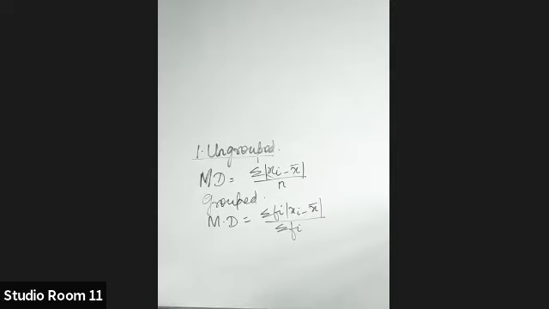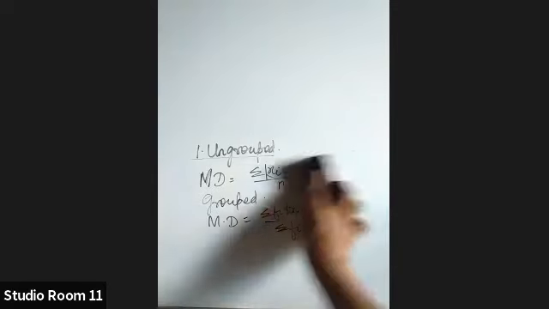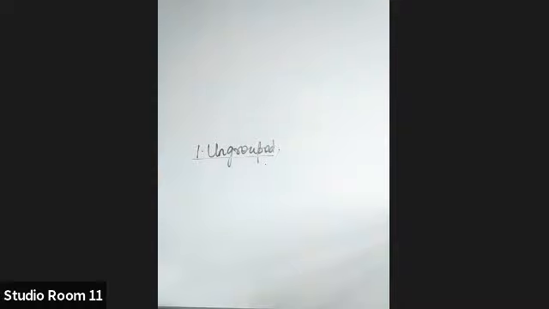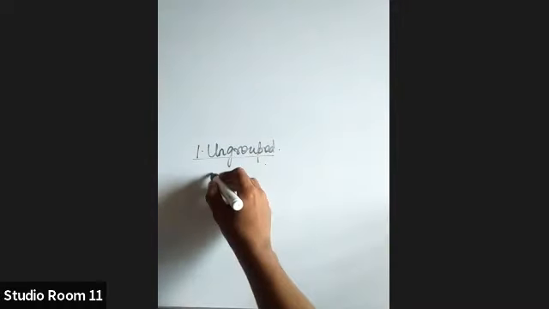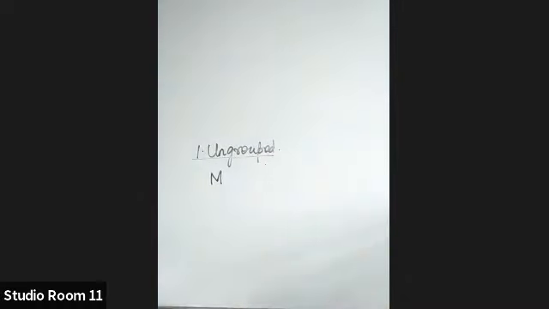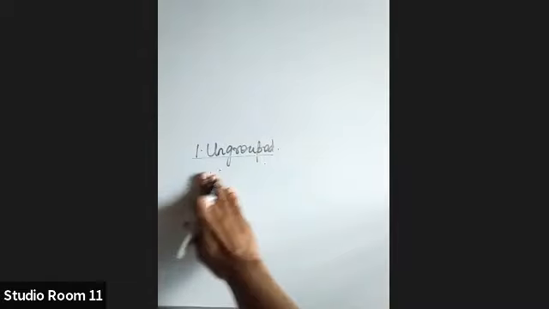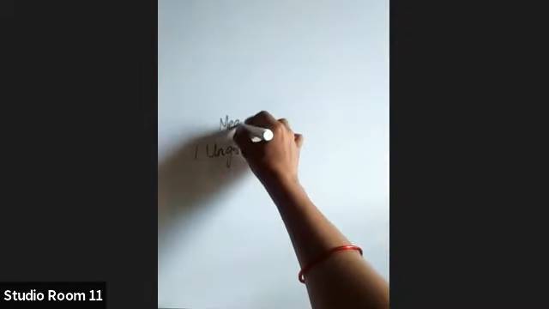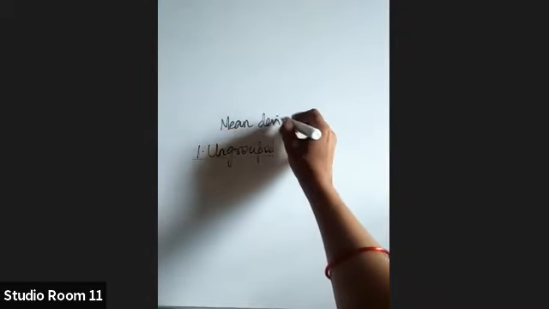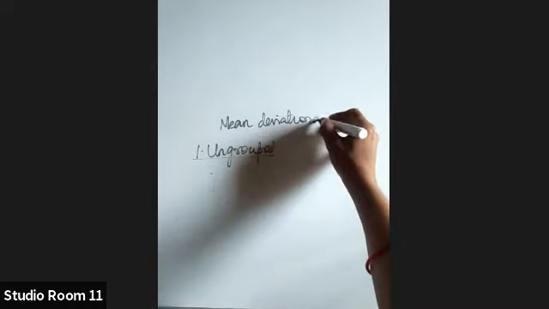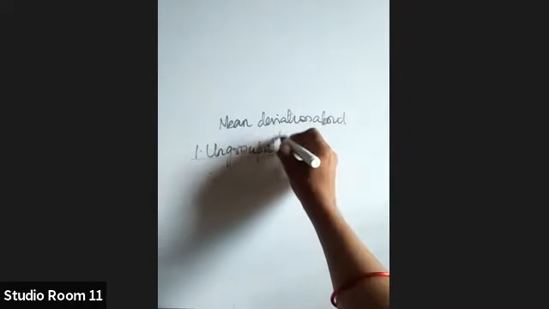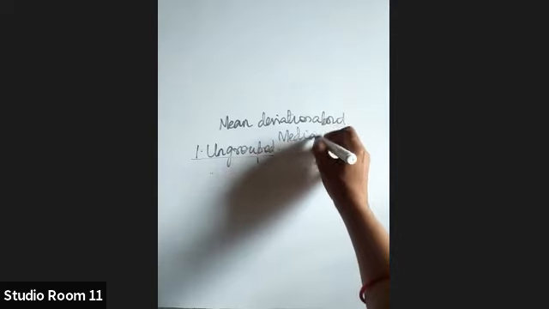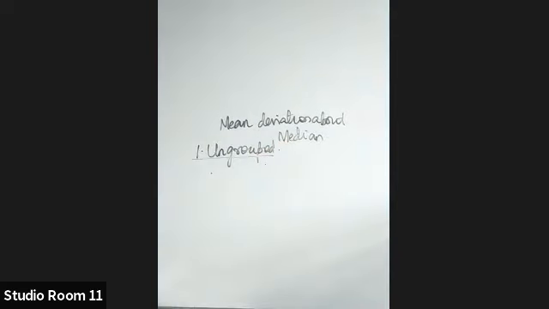So the next one is median deviation. Median deviation means first you have to find the median. After finding the median, we will check how much it is deviated. Write down the heading: mean deviation about median. So how much it is deviated from the median.